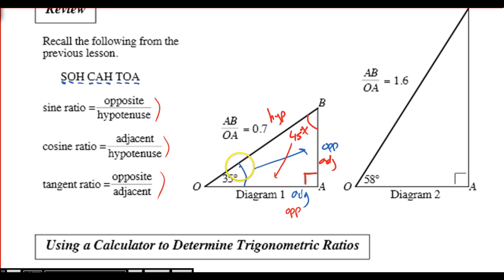For example, look at this question down here. For an angle of 35 degrees, our ratio of AB, which is the opposite, over OA, this ratio here, would be the tan ratio. So tan 35 would be the opposite over adjacent.